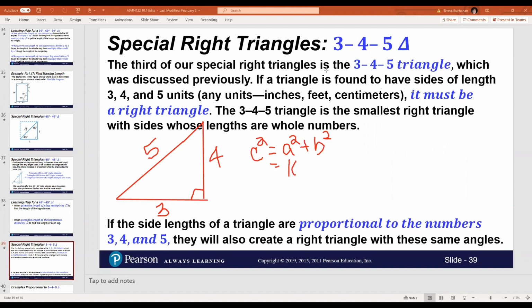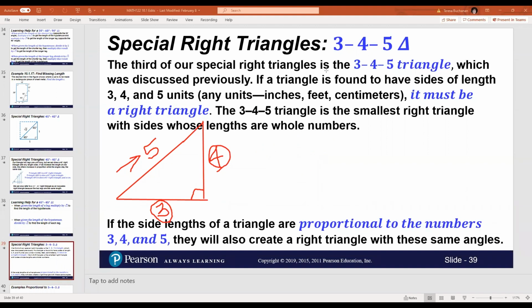4 squared is 16, 3 squared is 9, 5 squared is 25. So anytime I have a side length of 3 and a side length of 4, I automatically know that that side's going to be 5. But I also know something even more helpful.